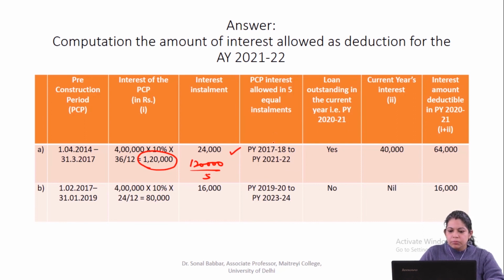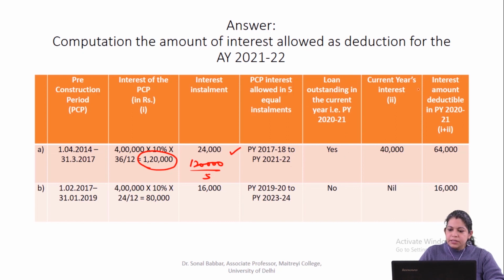For what period will the PCP interest be allowed? It will be allowed starting from the year in which the construction is completed. So we have previous year 17-18, 18-19, 19-20, 20-21 and 21-22. That makes it 5 years. Loan is outstanding in the current year, that is previous year 2021, yes.